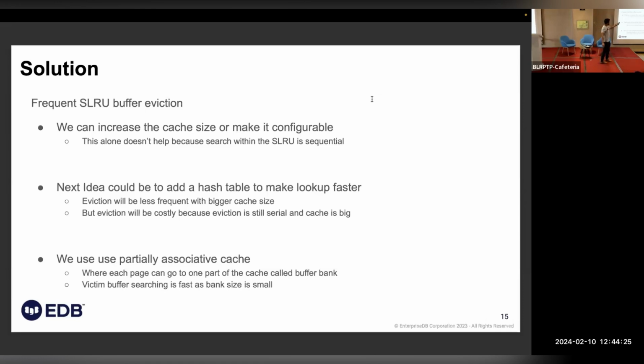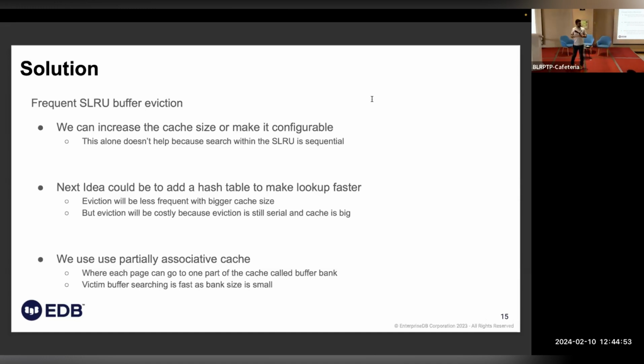Second idea, somebody suggested, okay, we can make a hash table, a buffer mapping hash table. So at least whoever is looking up a buffer, that can be a direct access instead of sequential. Fine. And then we can increase the cache size, because now the cache size is bigger. Searching is at least faster, you can directly access to find which buffer is holding your page, or whether it does not hold the page.